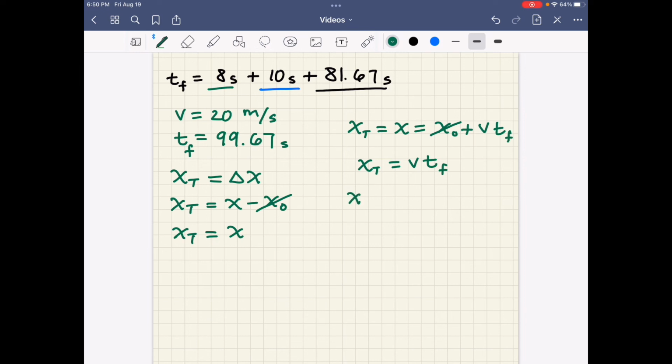So now we have xt equals velocity, 20 meters per second, times the final time, which is 99.67 seconds.